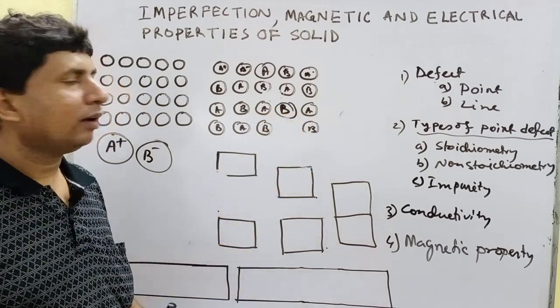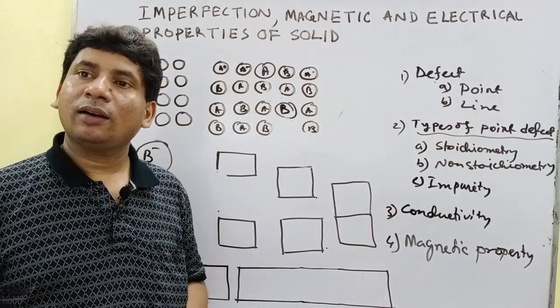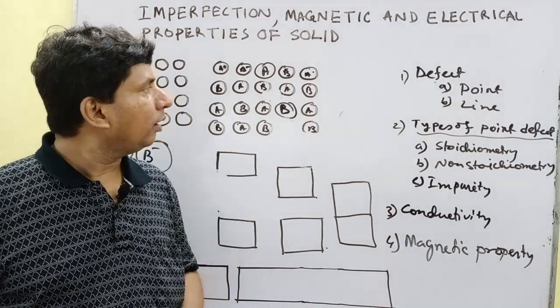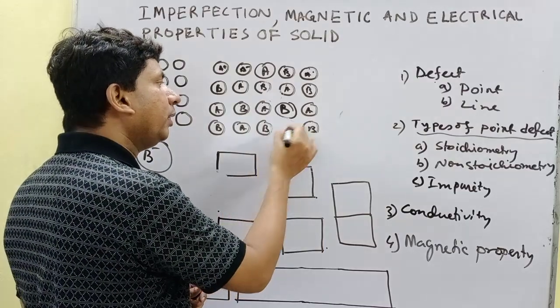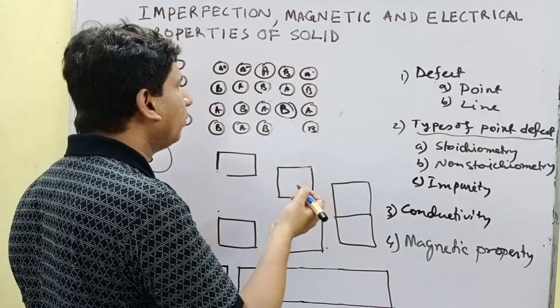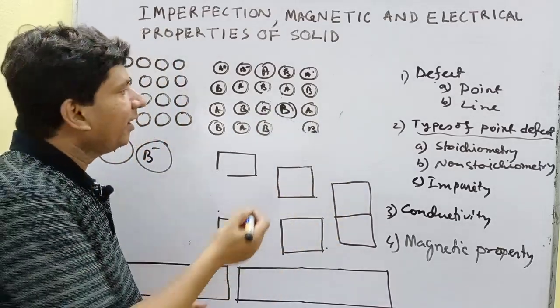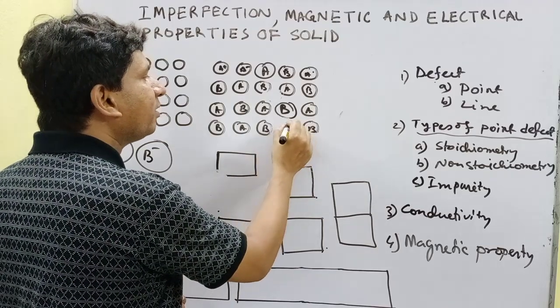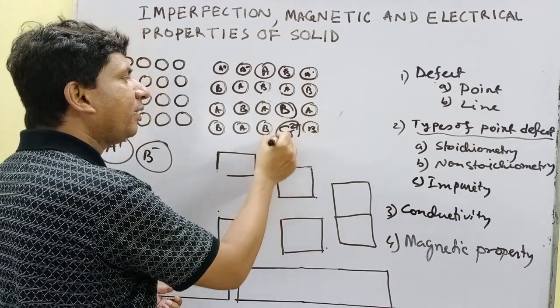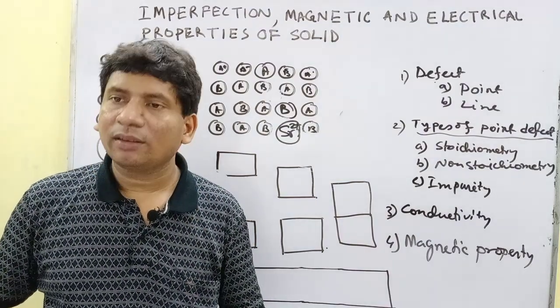Then there is one foreign atom. Let us say all the cations are sodium and the anions are chloride. Then suddenly an Sr2+ takes the position of Na+.